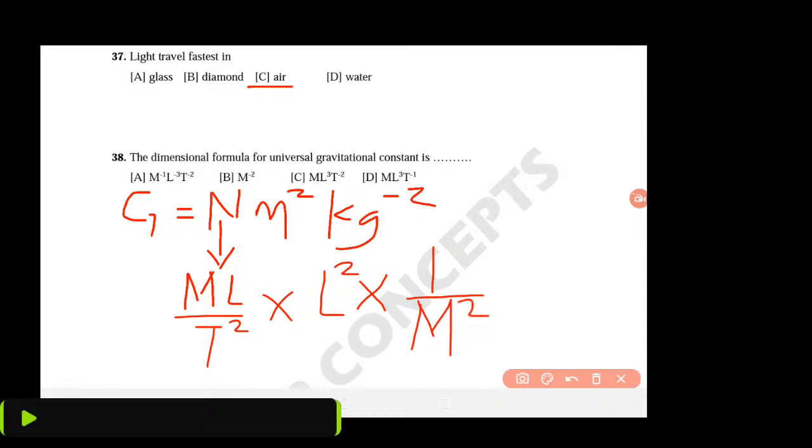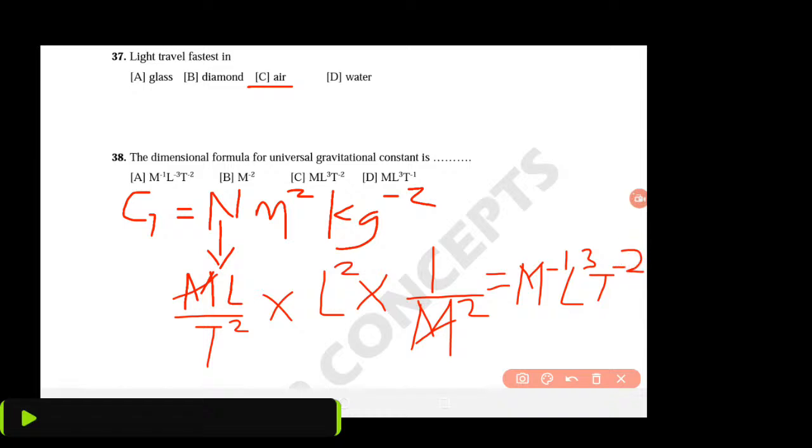And this can easily give us, when we play around our mathematics, the M in the numerator will take one M away, and L times L will give us L raised to power 3. So we now have M raised to power minus 1, L raised to power 3, and T raised to power minus 2.